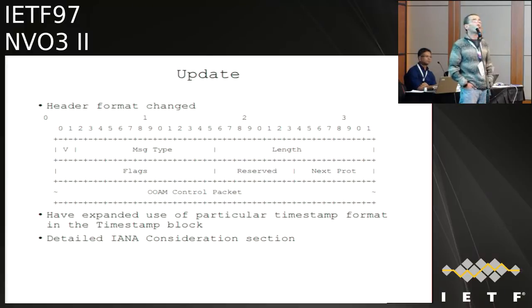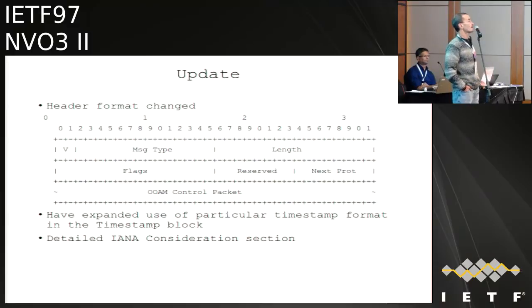But then in the discussion, it was too limited, so to have more space for new functionality, we decided to go for two words and not only expand message type, length, and flags and have a reserved field for the future, but add a next protocol field.